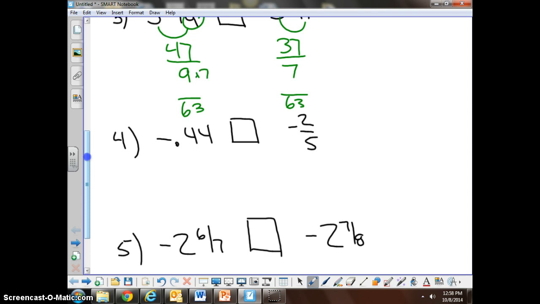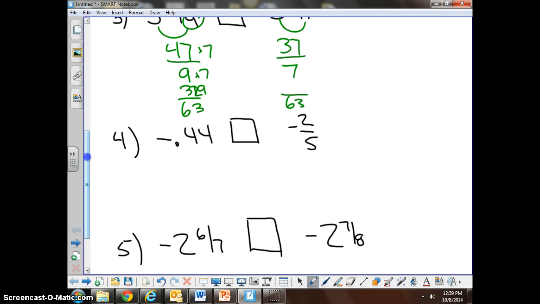9 times 7 got us to 63. And let's see here, 47 times 7. Anybody want to give me that one? 50 times 7 is 350, minus 21. That would be 329. So 329/63rds.